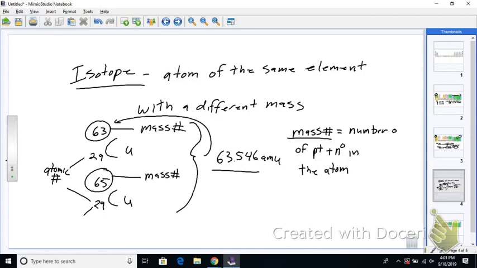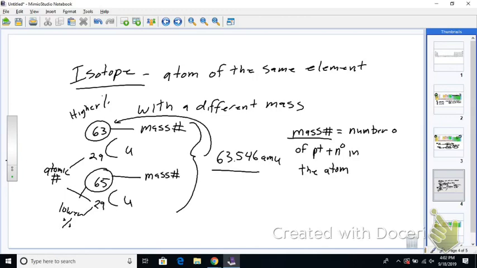So that gives you an indication that copper 63 has a higher percentage in the sample. And then copper 65 is going to have a lower percentage in a sample. And we'll get into that in greater detail.